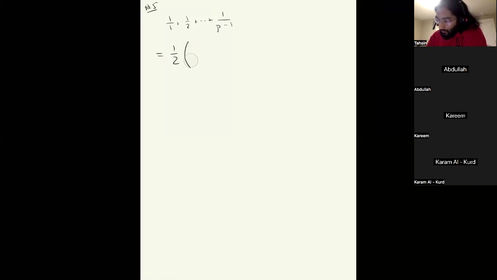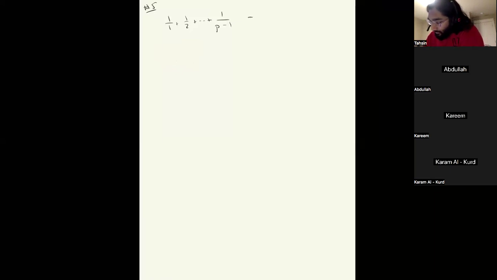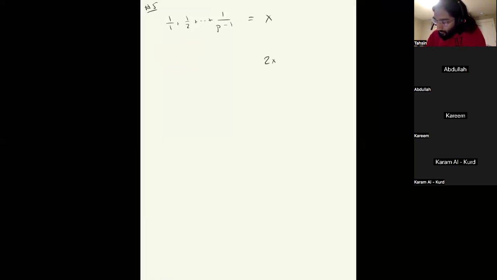That way we avoid the cases where p is even, and the sum is the same, but we won't have to divide p minus 1 by 2 in the summation.